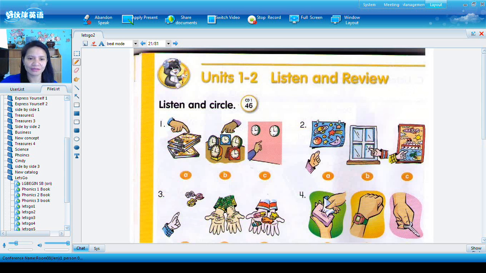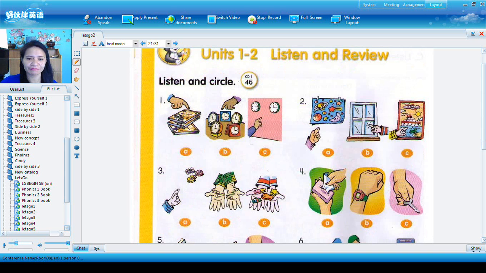Let's try this one. Which picture shows those are clocks? Again, which picture shows those are clocks? A, B, or C? Yes, it is letter C. All right.